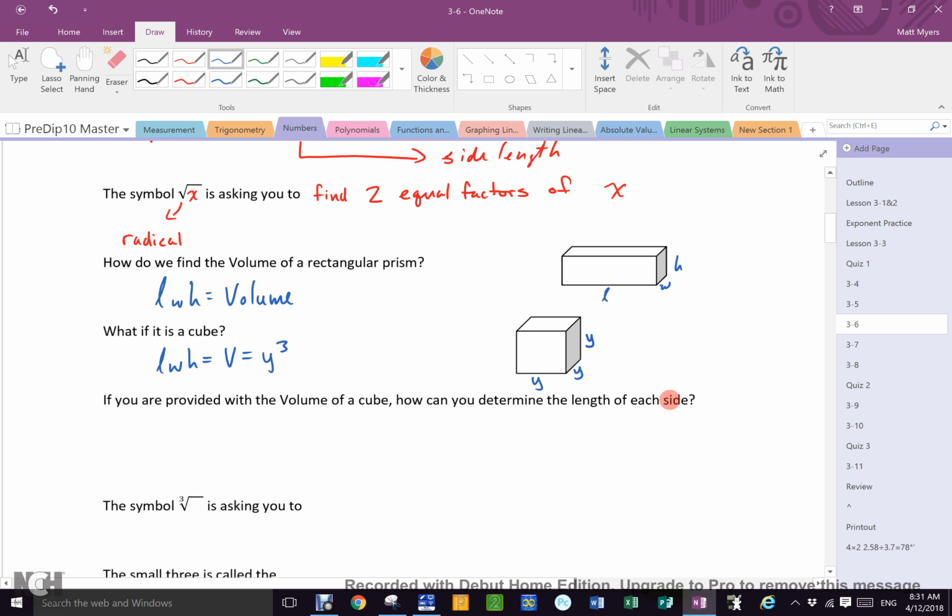So if we're trying to find the side length, again, volume equals y cubed. You got rid of a square by doing a square root, so you get rid of a cube by doing a cube root. Now look at the difference. What's different between there and there? That little 3. We still have a number under here.